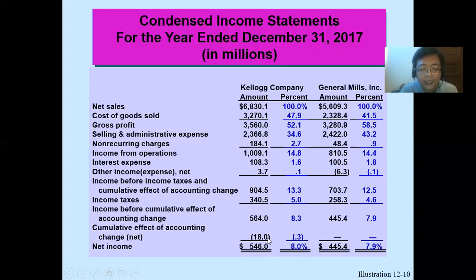What is the formula again? 546.0 divided by 6830.1, you have 8.0. Also, General Mills 445.4 divided by 5609.3, you have 7.9%. So in your paper, you can compare with your competitor also.